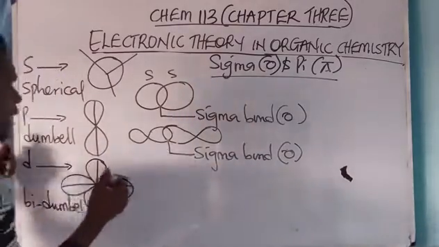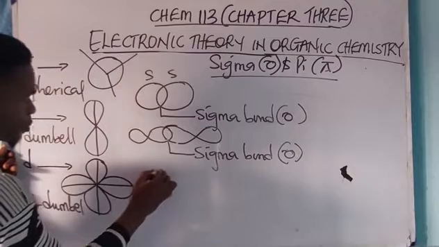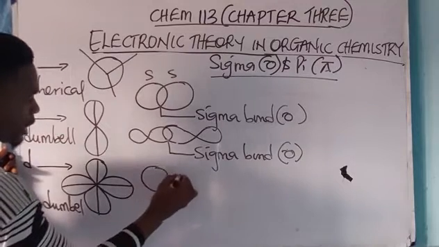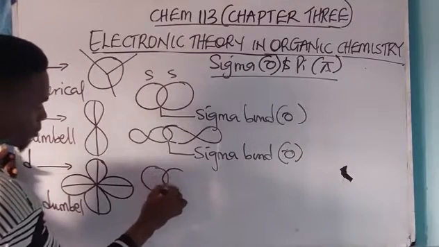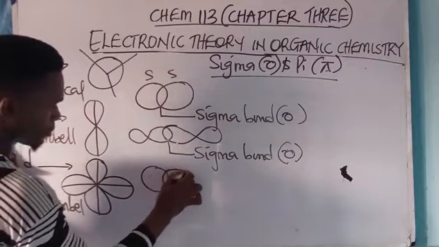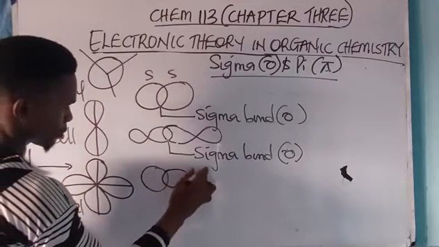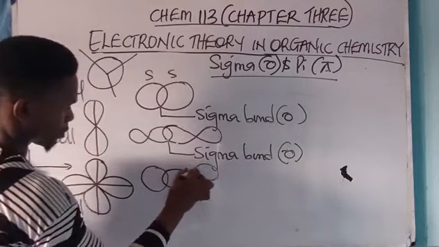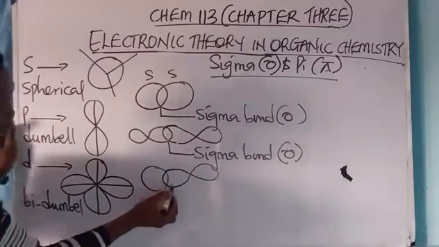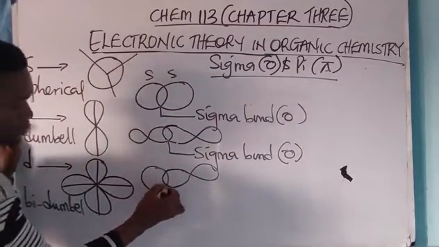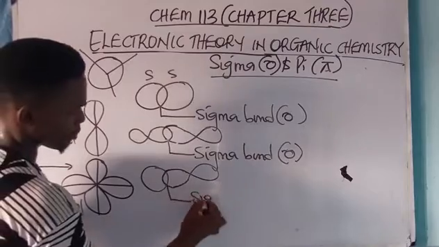Sigma bond. Then the combination of one s orbital and one p orbital will produce what? Sigma bond.